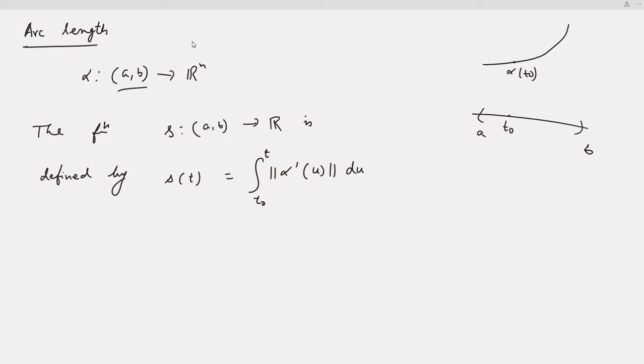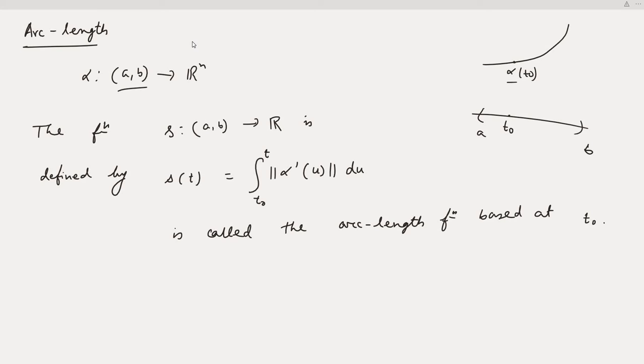This function is called the arc length function, based at t naught.